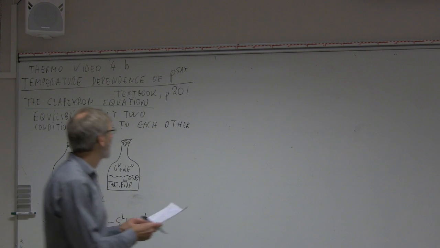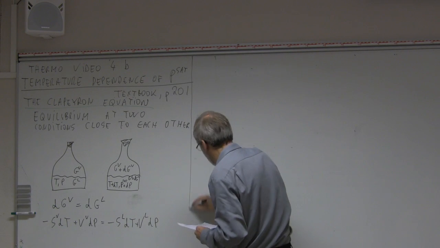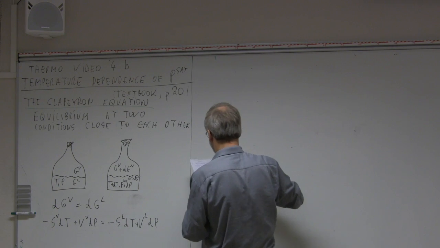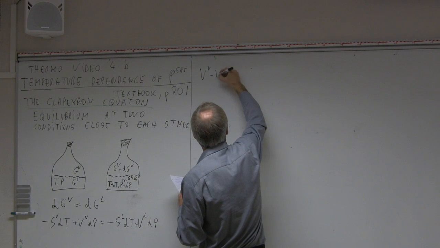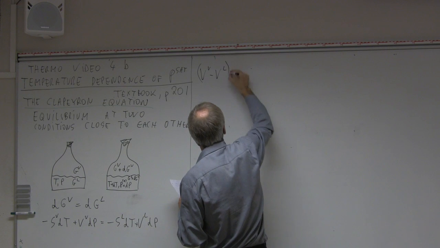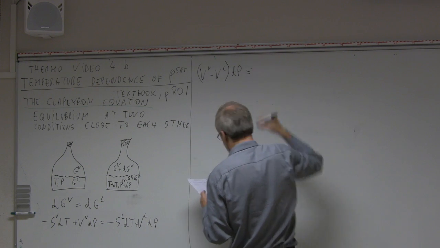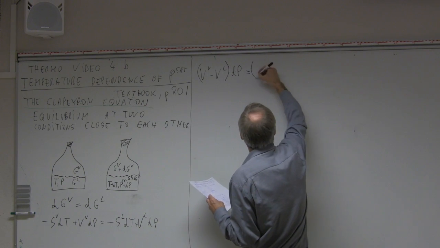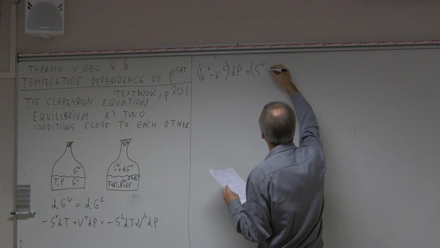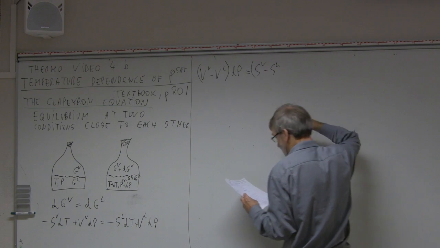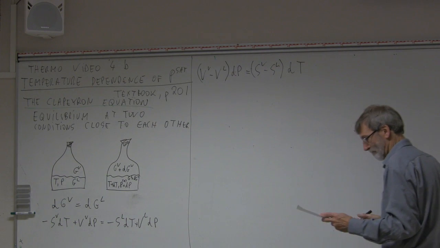And from that, (VV minus VL) dP is equal to (SV minus SL) dT.